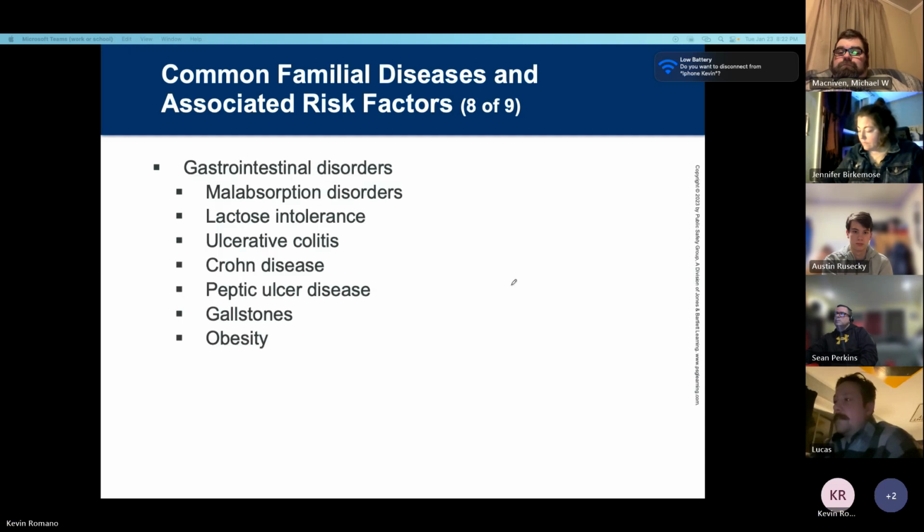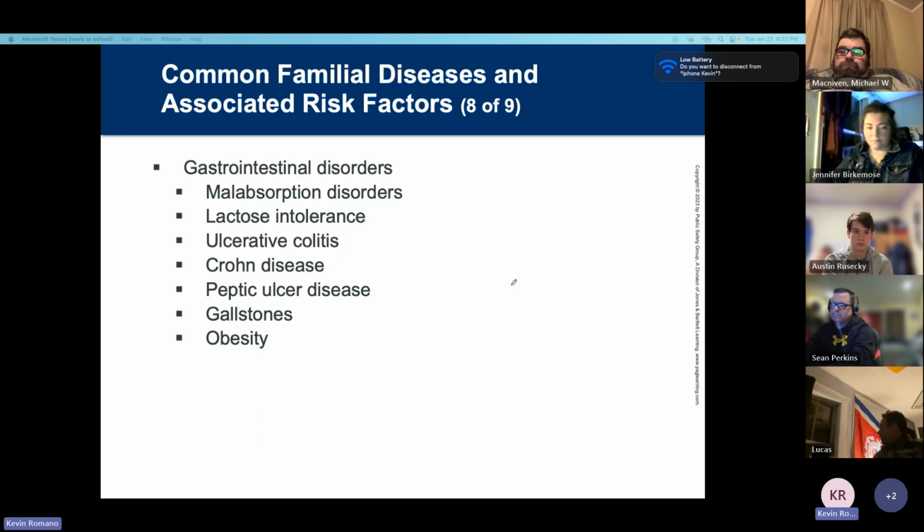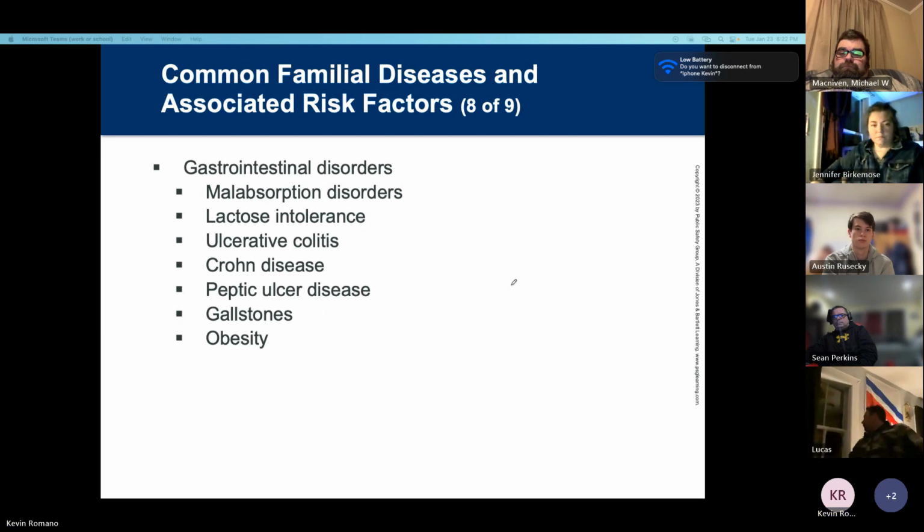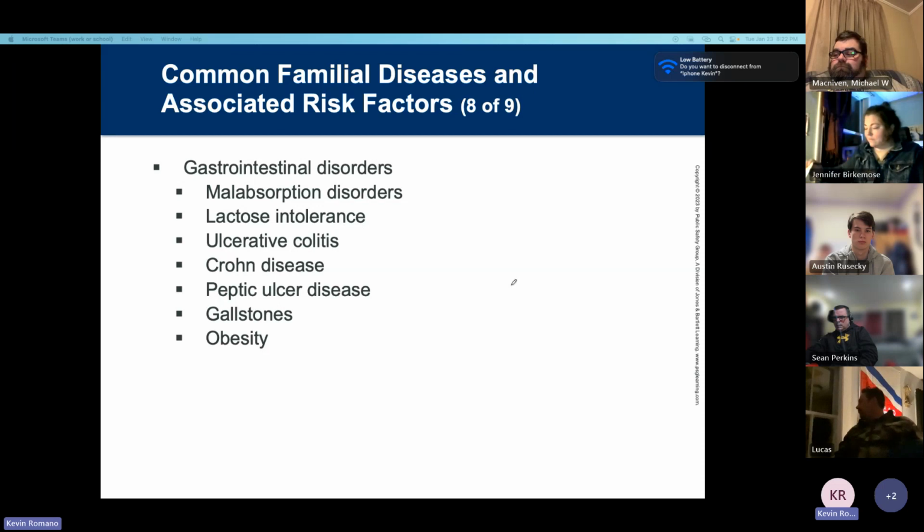All right, gastrointestinal disorders like malabsorption disorder, lactose intolerance, ulcerative colitis, Crohn's disease, peptic ulcer disease, gallstones, and obesity, which is a BMI of greater than 30.